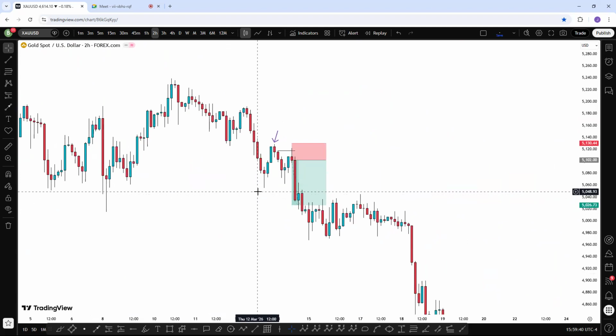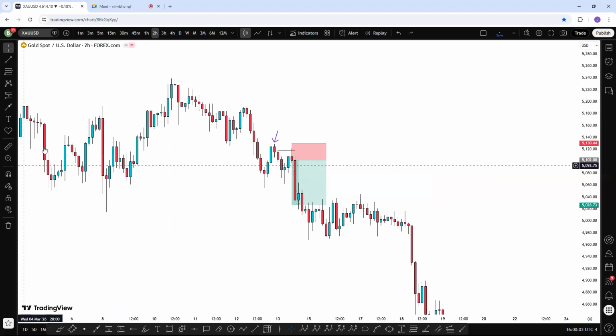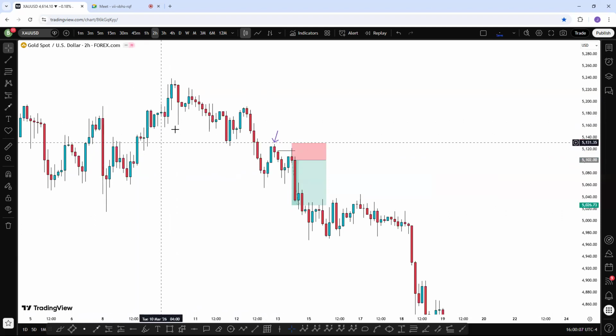It will not be hard for you. It's very easy. It's all about understanding how the inverse version is formed, and then the normal one, as well as the one we mark when we have multiple candles, how to identify it when you have many candles. When you have a bigger chart, for example, one is formed here, another one is formed here, and you are able to spot it. That's enough.